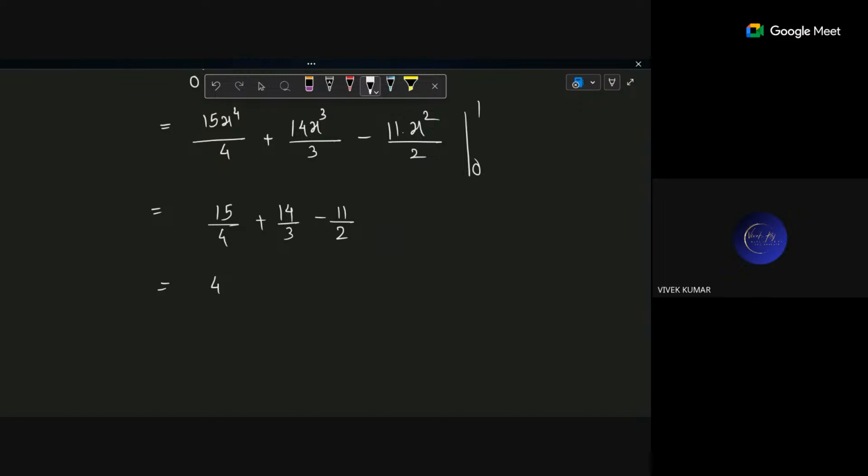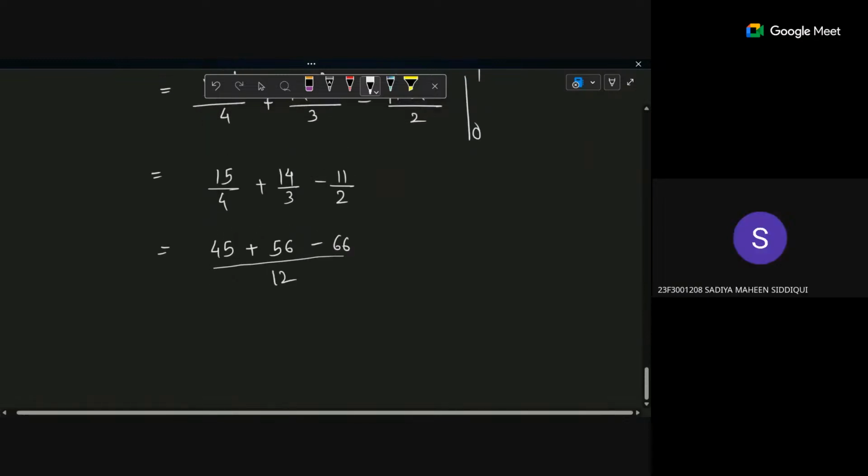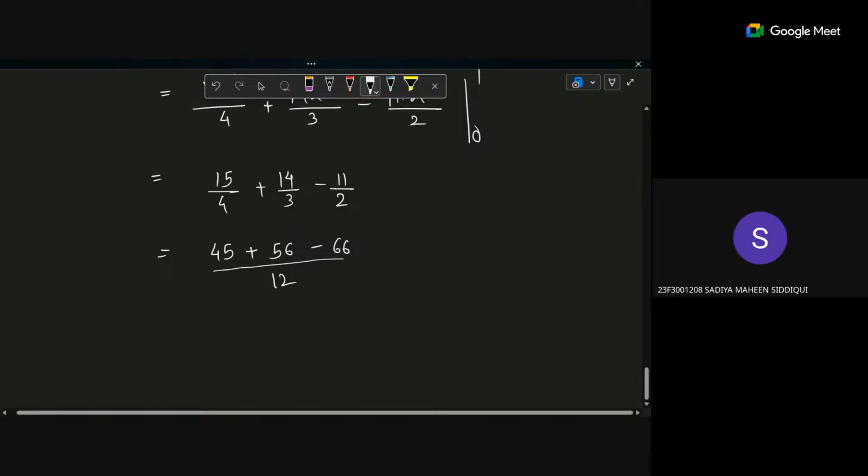Final answer, 5.833, ma'am. Let's write it in the rational form, the fractional form. We want 12, right? Is it okay? Yes, ma'am. So 35 by 12 only then.